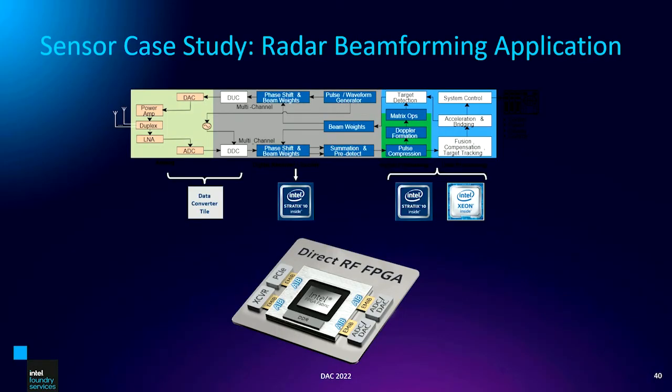This is a government case study, a radar beamforming application. This is a real thing that we actually built with the US government. It's not classified, don't worry. This is actually with an AIB technology, which is the previous generation chiplet technology.